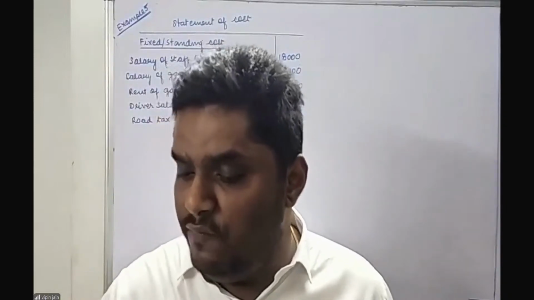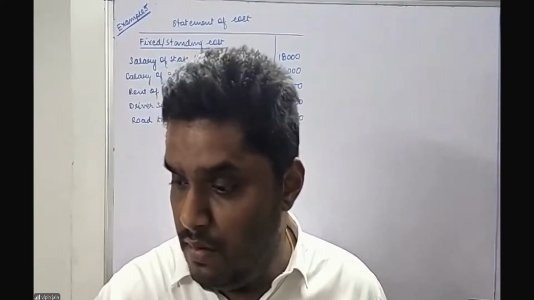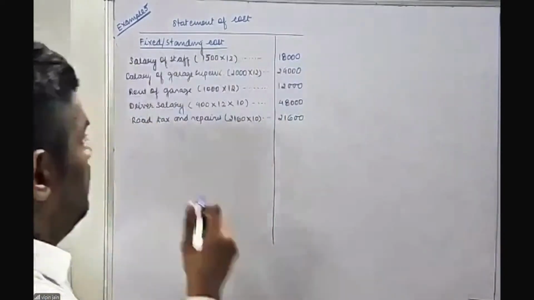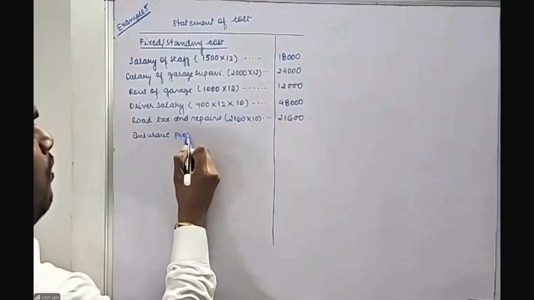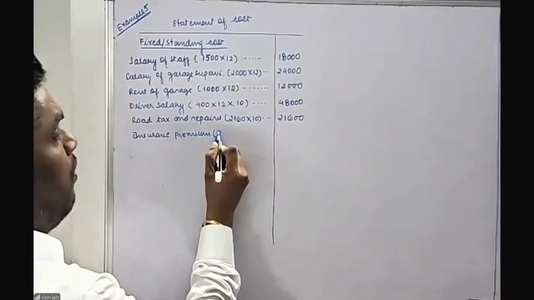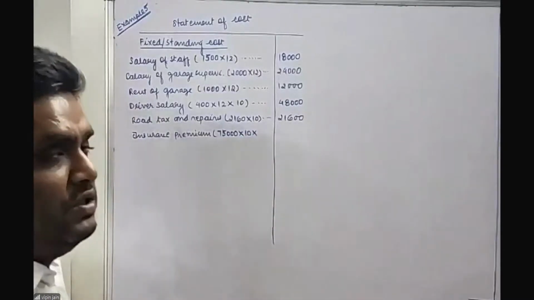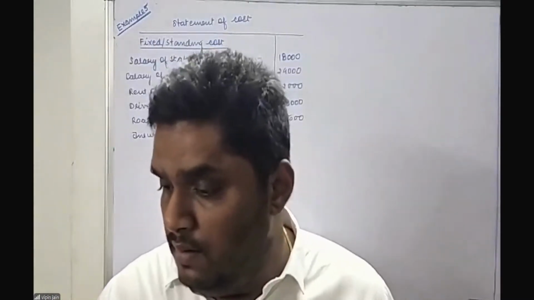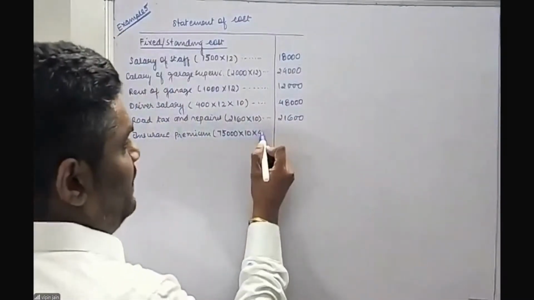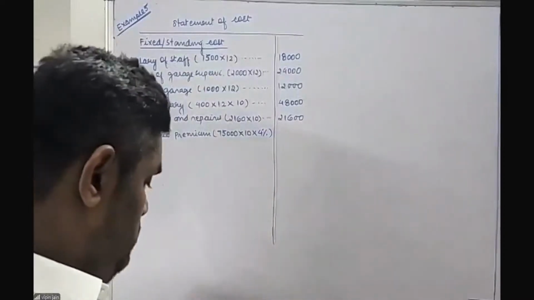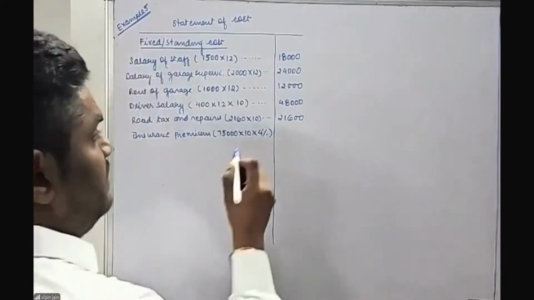Insurance premium is 4% of the cost of taxi. Since the cost of taxi is 75,000 and there are total 10 taxis, into 4% per annum, this will be 30,000.